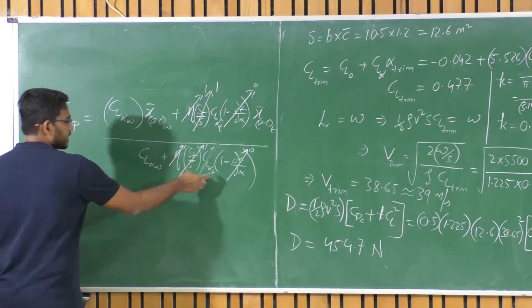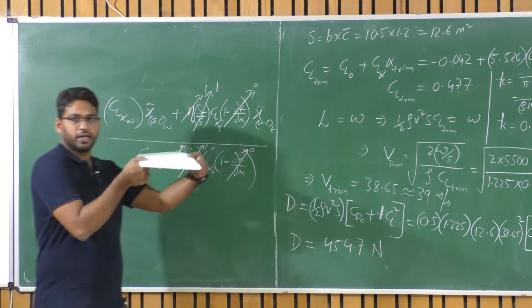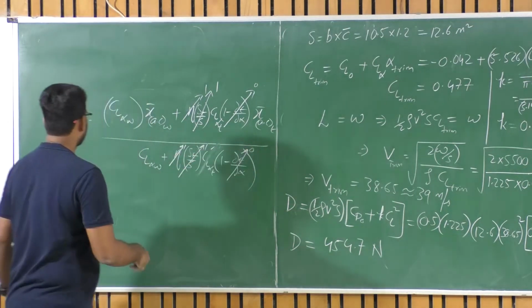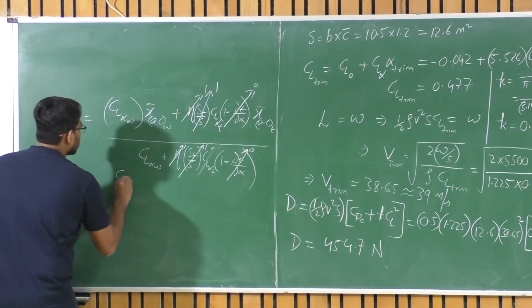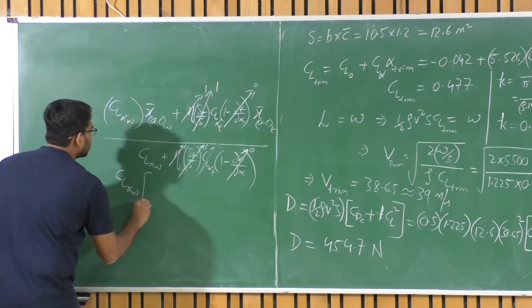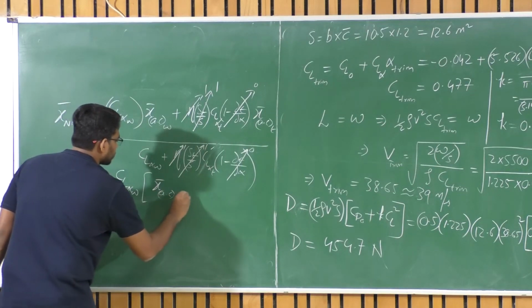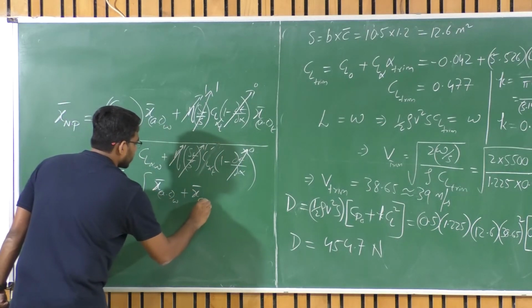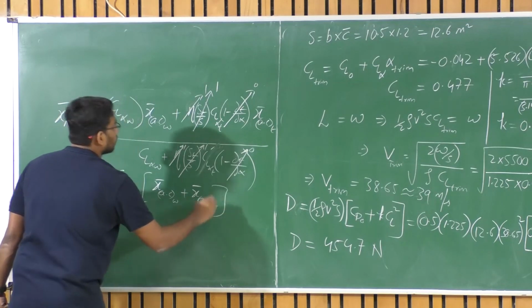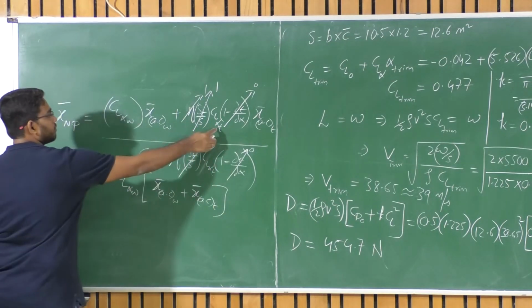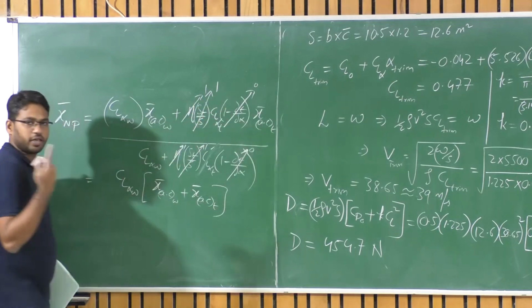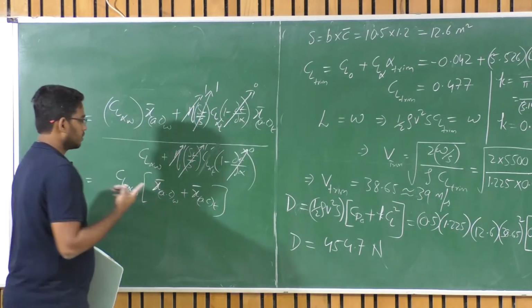Lift of wing is nothing but lift of tail because we have two identical wings. So taking CL alpha of wing common, we get x bar AC of wing plus x bar AC of tail in the numerator. Why? Because CL alpha of tail is nothing but CL alpha of wing and the correction factor is 1, so there is no correction factor.